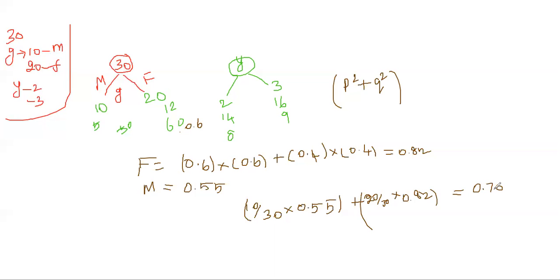This is approximate, not exact. The Gini of gender is 0.70. Gini impurity means 1 minus 0.70, so we get approximately 0.69 or so. This is the gender wise Gini value, 0.70, and the Gini impurity.